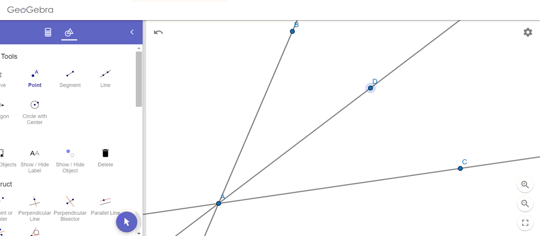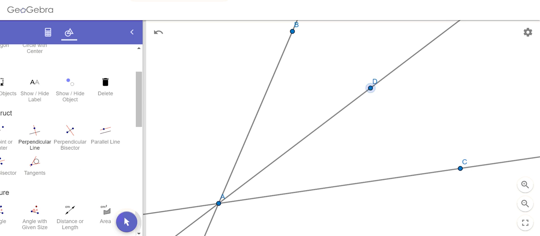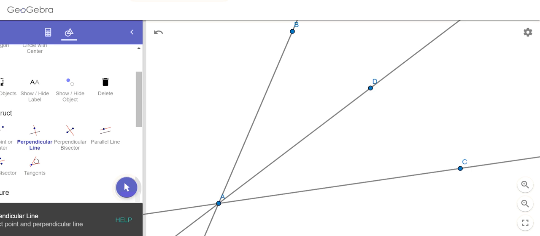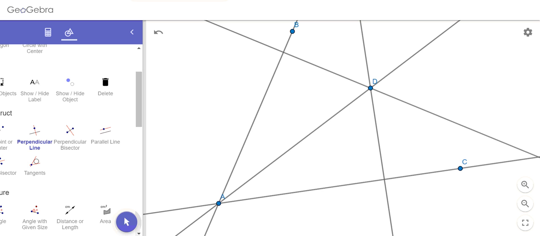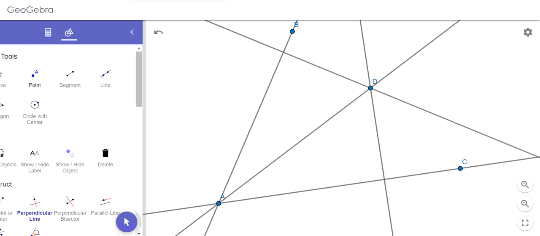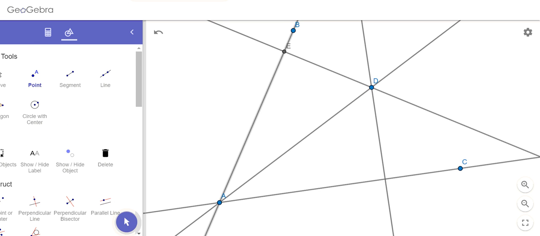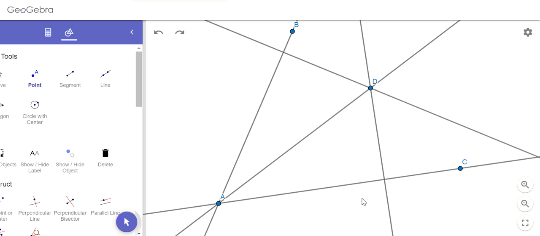From that point, I'm going to make a perpendicular line to each side. Now we have these intersections. That point's the intersection, and that point's the intersection. Actually, I didn't get that intersection there. So that intersection's right there.